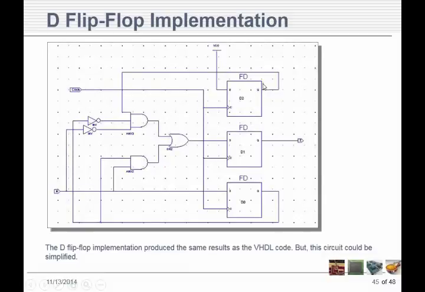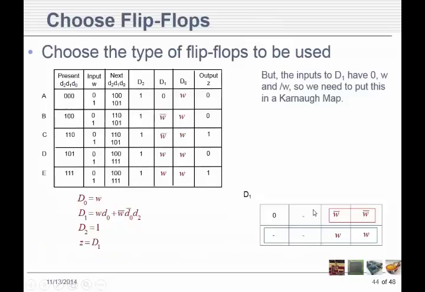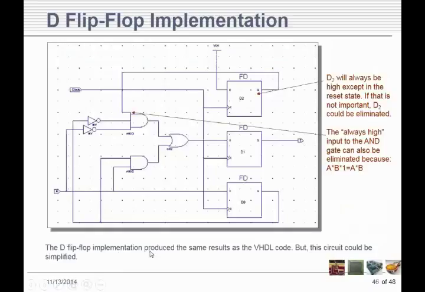Well, what happens to Q if I've got D tied high all the time? It's always 1. These are going into this one, and then we got this down here. So we found out that our output could just be D1.